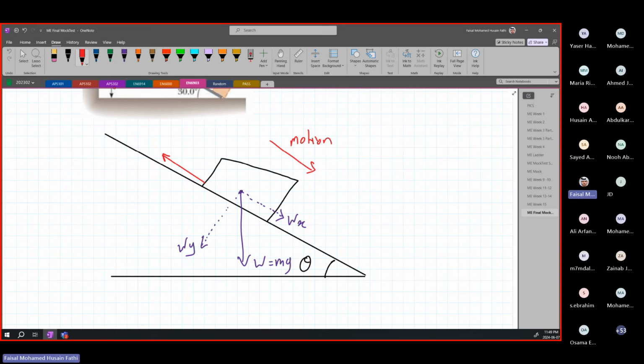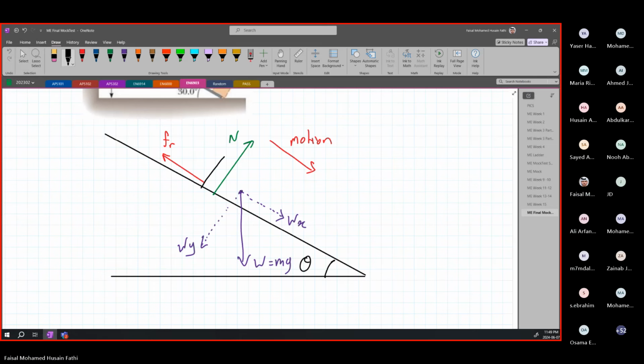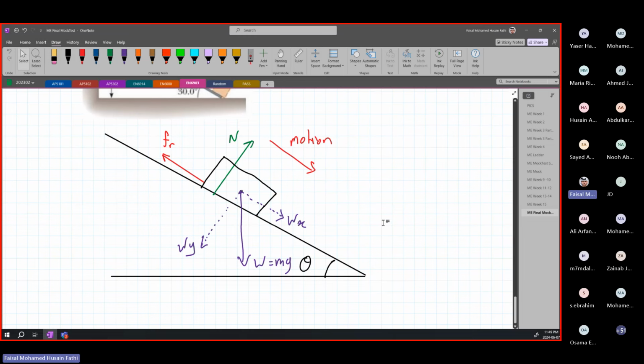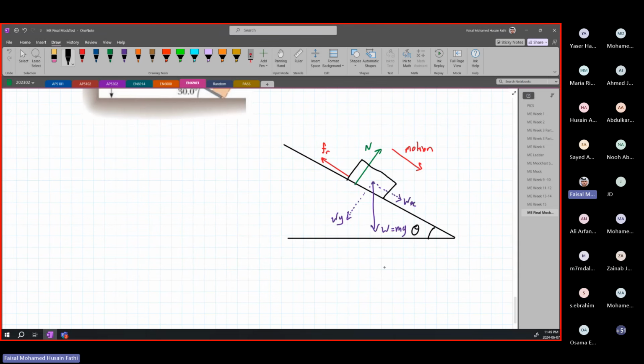So you have a friction force I'll call Fr, and we have a normal force that is perpendicular going like that with our block. Let me just draw the block a bit more neatly. So this is what it will look like. This is your free body diagram. That's it. You draw this, you get 3 marks for your first part.